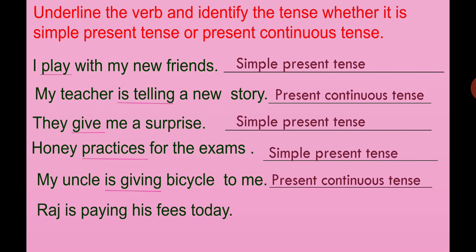Again, is and the ing form of the verb in the sentence. And what is the rule? If there is is, am or are plus the ing form of the verb, the sentence would be in which tense? Yes, present continuous tense.